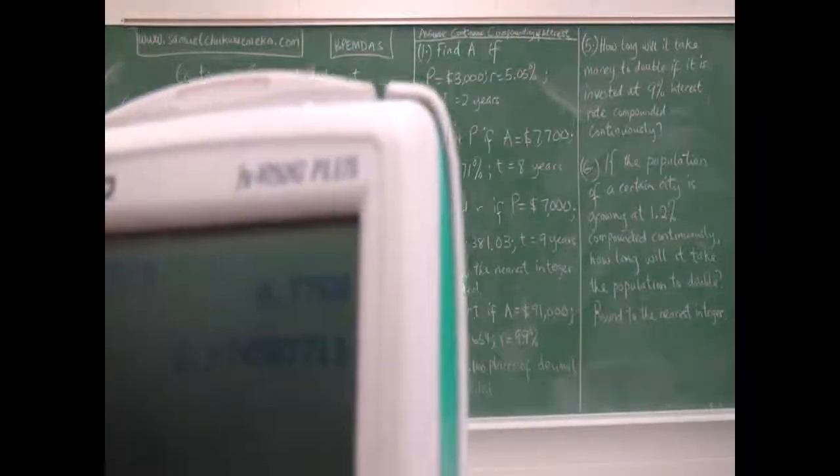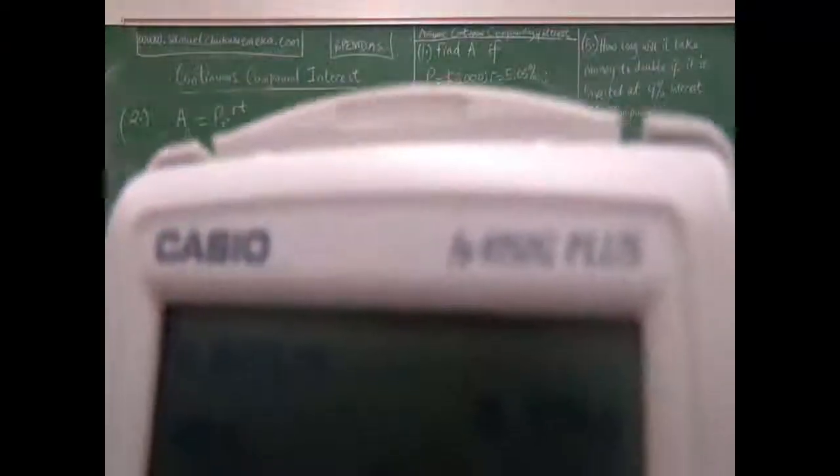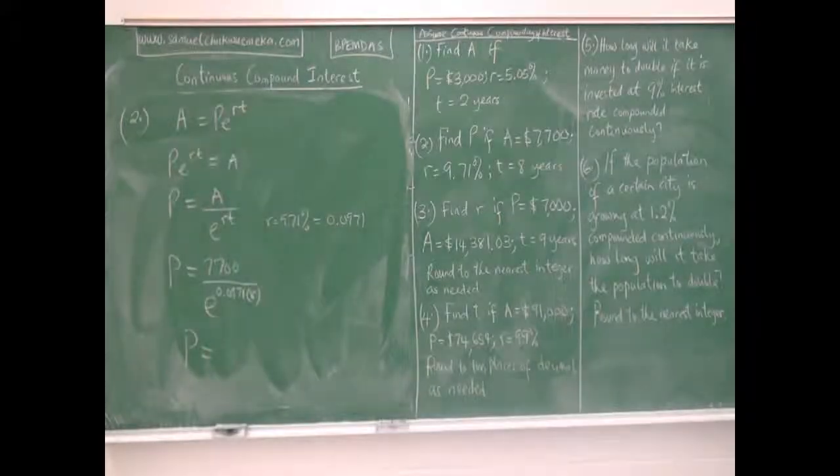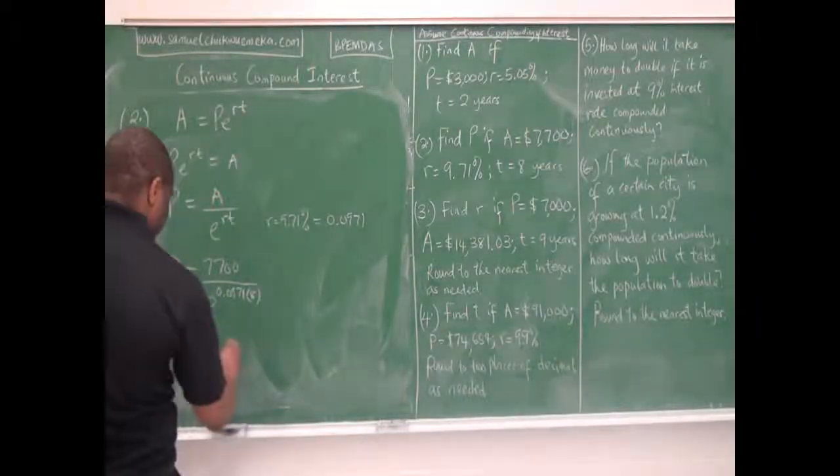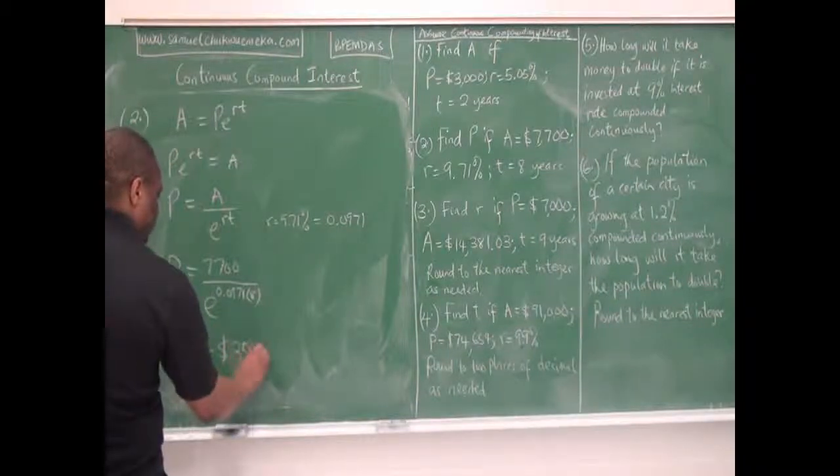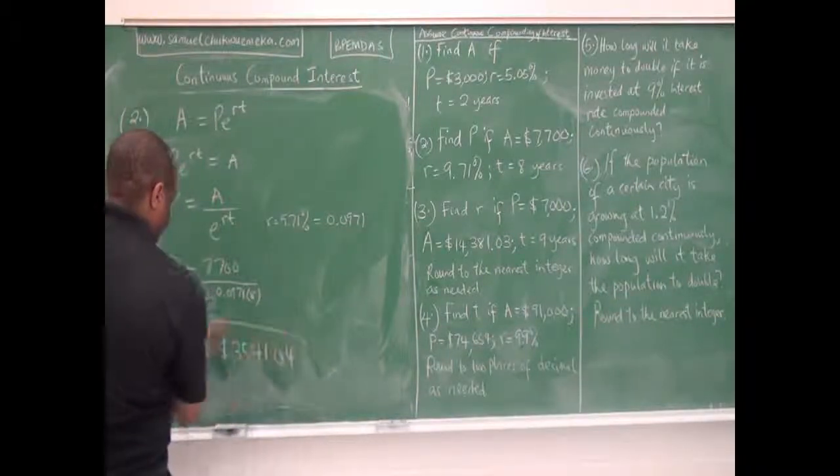That gives me 2.17450. Then I'll do 7700 divided by shift of the answer, and that gives me 3541.04. So I have 3541.04.